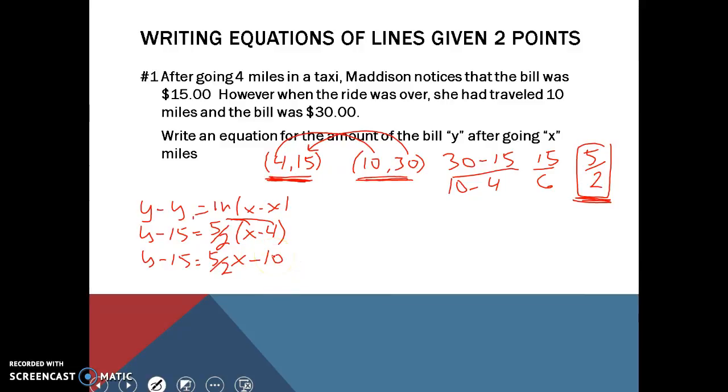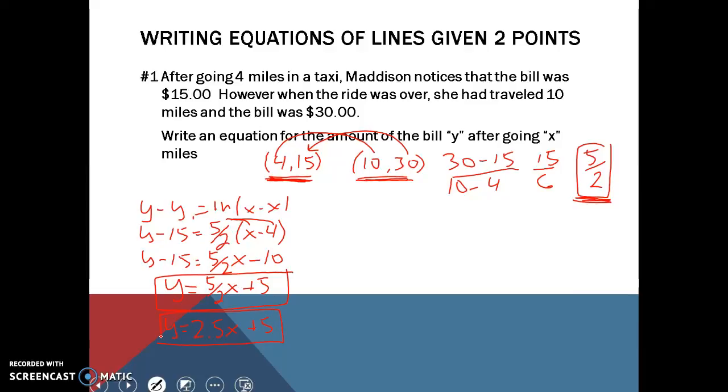Then if I add 15 to both sides, I'm going to end up with y equals 5 halves x plus 5, if I add 15 plus negative 10. So this is my equation, and I can also write it if I change 5 halves to 2.5. 2.5, or $2.50 for each mile, plus $5 just to sit in the cab.